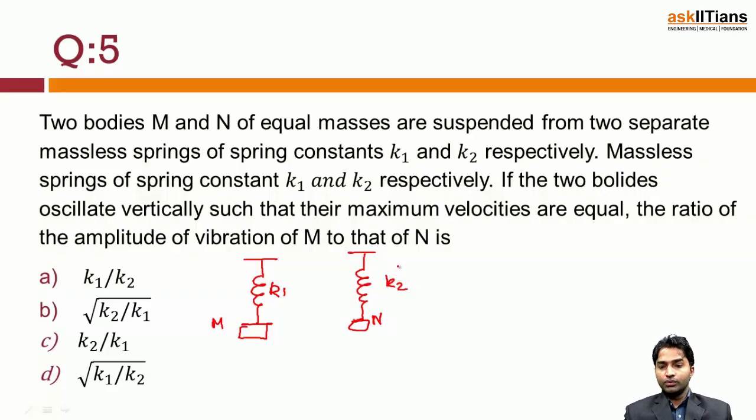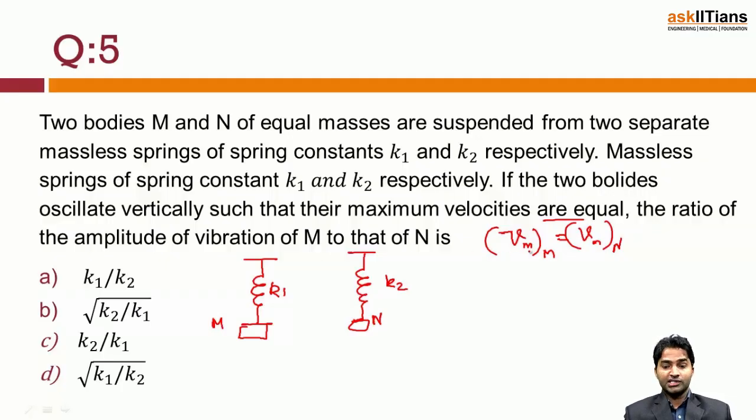If the two bodies oscillate vertically such that their maximum velocities are equal, so the maximum velocity of M should be equal to the maximum velocity of N, we have to find the ratio of the amplitudes.